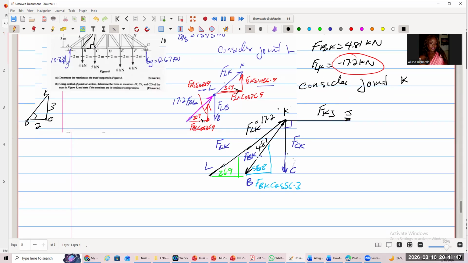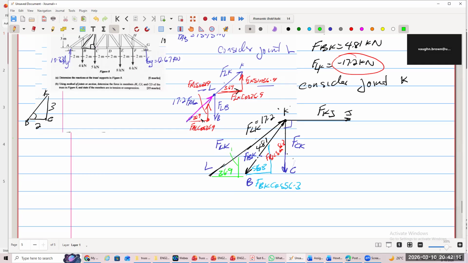And then the height of this, what's the height here now? This one up here would have been FBK sine 56.3. That is that one. I won't even try to write in the green one because I don't want to confuse anyone. I can't find the green when I put it in green. Oh, it's so faint.